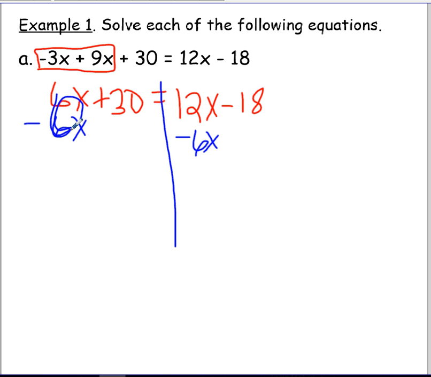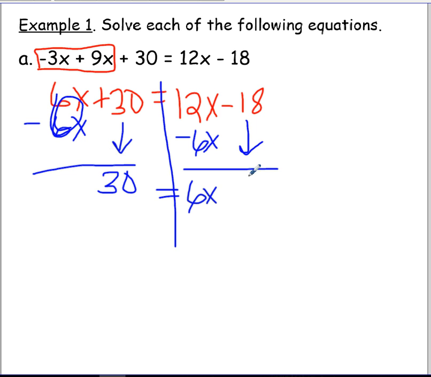I have no x terms left on that side. All I have is that positive 30 to bring down. And on the right-hand side, 12 minus 6 gives us a coefficient of 6 for our x. And then our subtract 18 just gets brought down. So far we have 30 equals 6x minus 18.